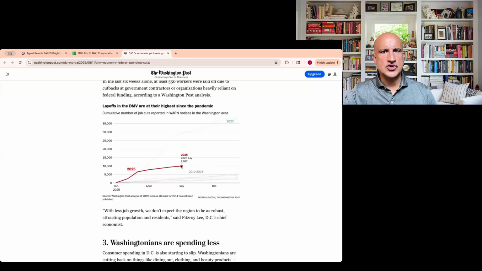I think to your question, Orlando, we don't yet know what the impact is going to be, because many of these people took retirement, which means they're not going to be counted as unemployed, or they took a buyout, which means they're not yet eligible for unemployment or considered unemployed.